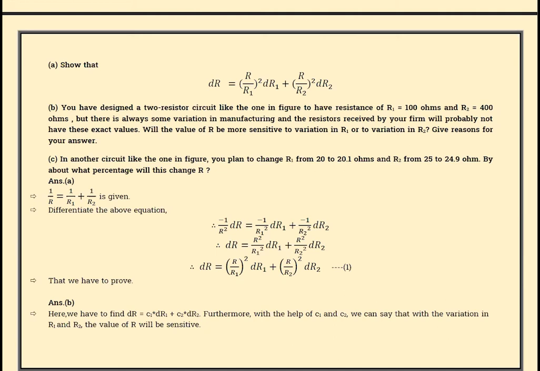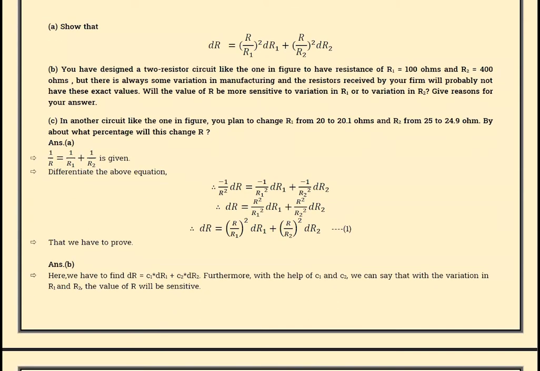So we have to check whether R will be more sensitive to variation in R1 or R2. The third question is, in a circuit like figure 1, if we change R1 from 20 to 20.1 and R2 from 25 to 24.9 ohm, what will be the percentage change in R?